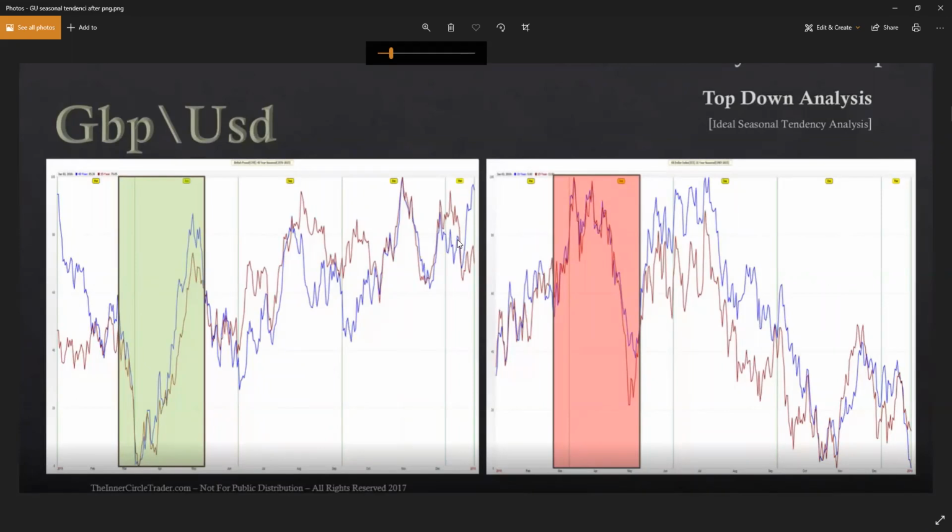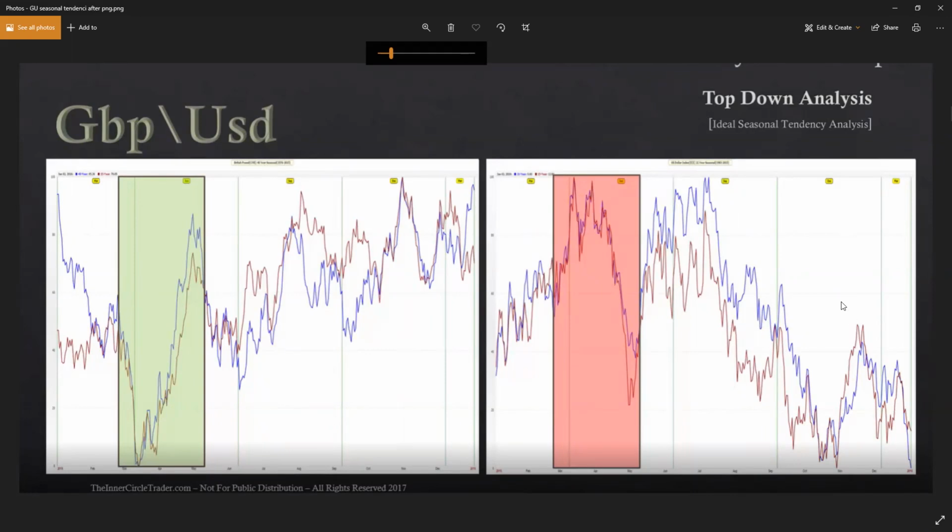But when you see something like this, that you have a pound US dollar and a pound between March and beginning of May, mid-May, it's a strong bullish. And then you see that at the same time, the US dollar, same months, it declines.